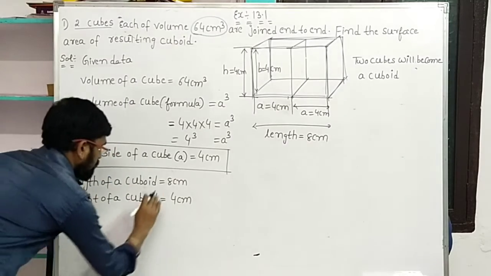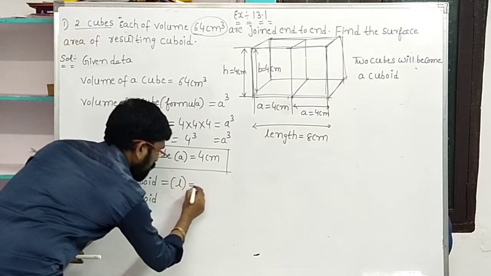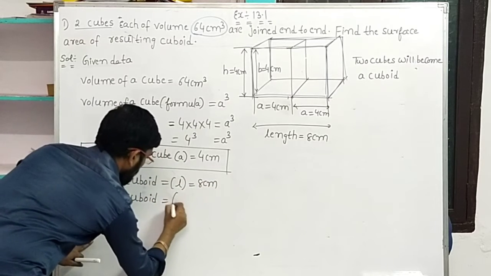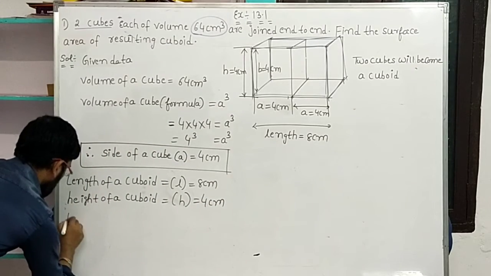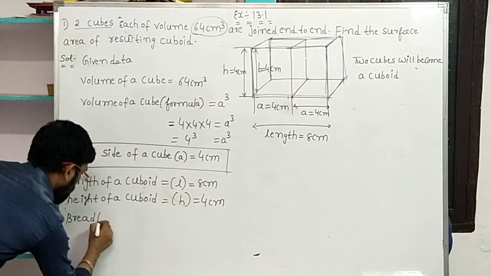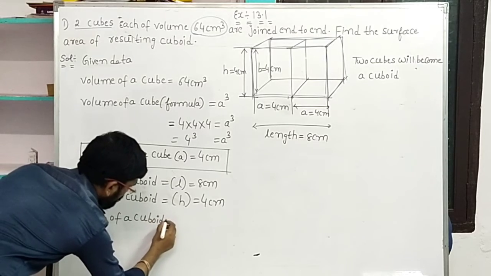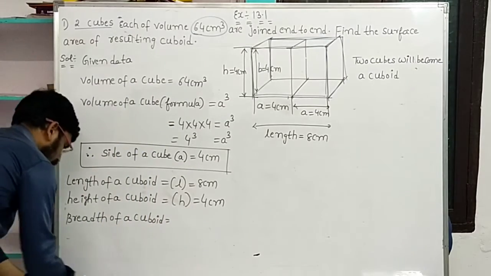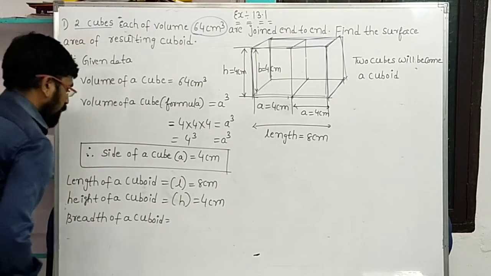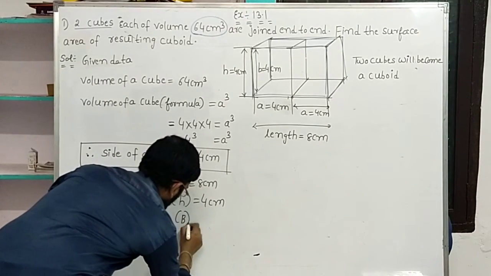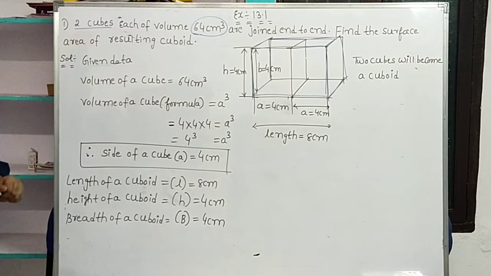Let us represent with symbols: length L equals 8 centimeters, height H equals 4 centimeters, whereas breadth of a cuboid B is nothing but 4 centimeters.